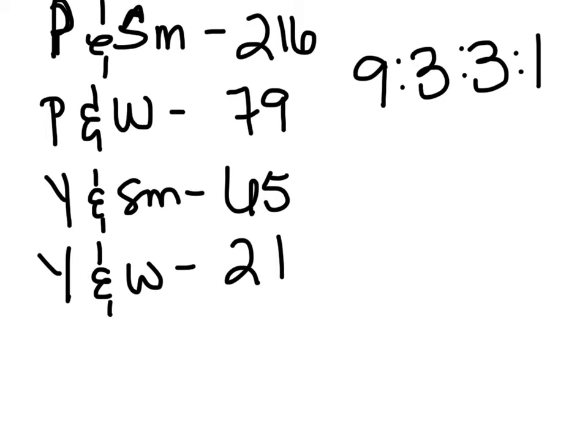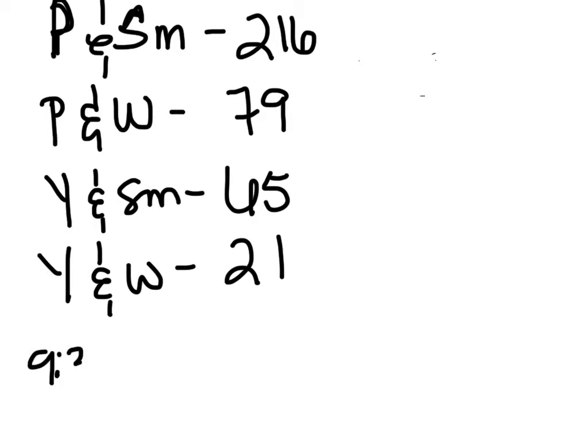So, it's going to be the same steps as before. Actually, I'm going to erase this and write it someplace else, because that way I don't have to set the problem back up. So we have a 9 to 3 to 3 to 1 ratio.